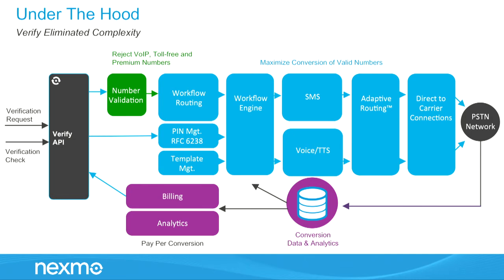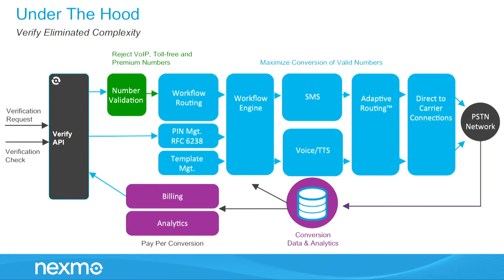And behind the scene, we have this technology called adaptive routing that basically finds at a given time what is the best route to deliver, let's say, an SMS to a given place. This engine is fed by millions of data points every day, and we do some historical analysis and also some predictive analysis to figure out the best route at a given time.